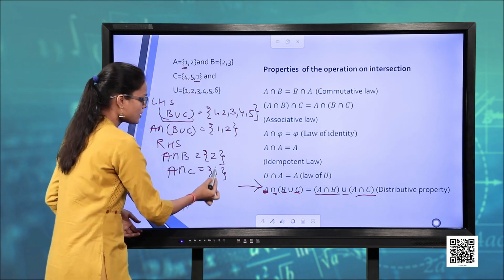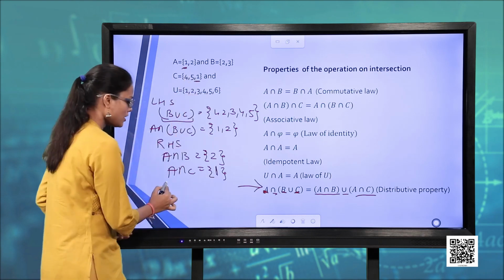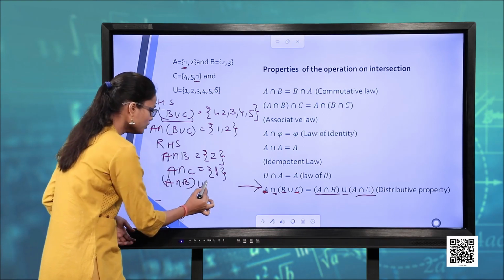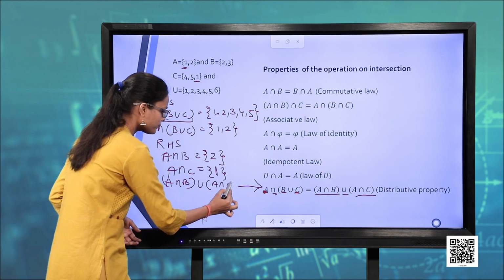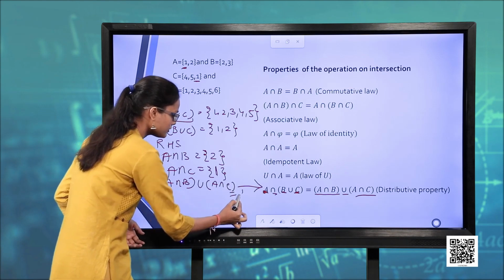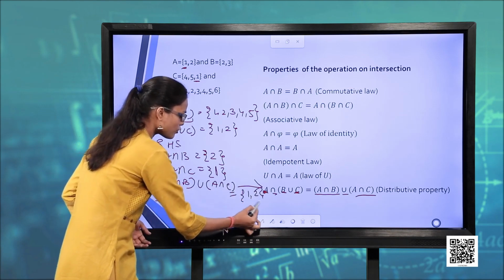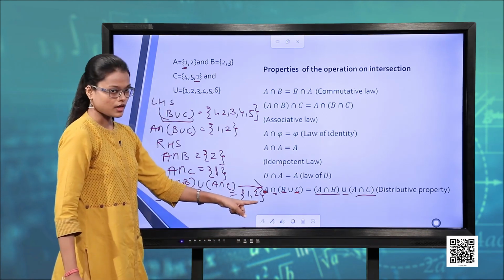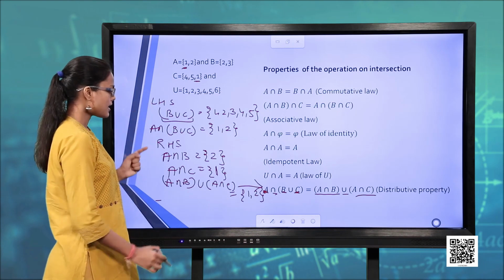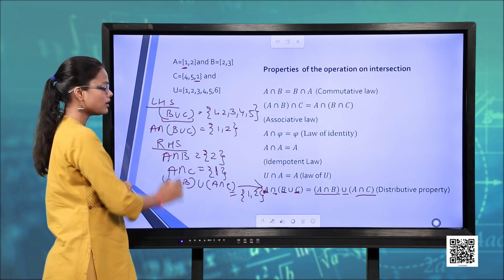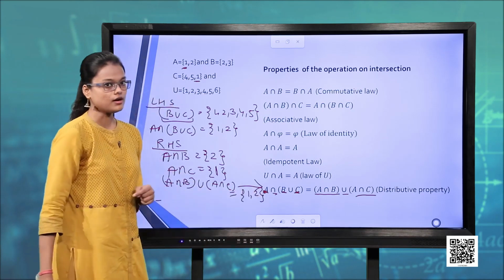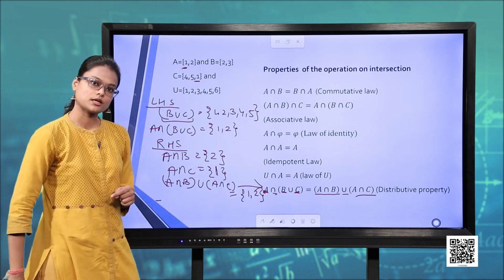That is element 1. Now, finding the union of the two, what are we getting? A set consisting of two elements, 1 and 2. Here you can see LHS and RHS, both are equal. This verifies our distributive property.